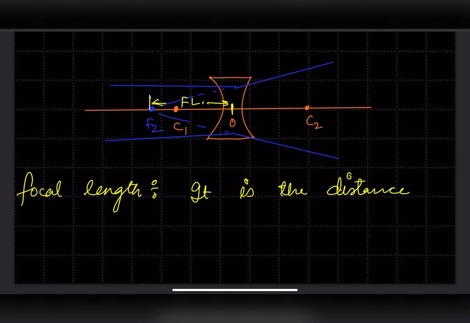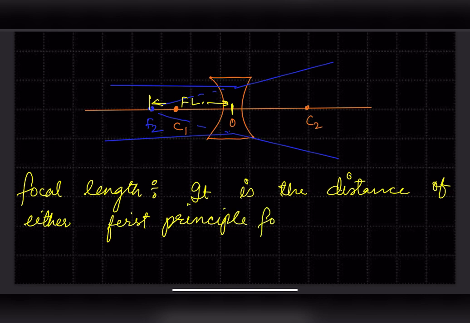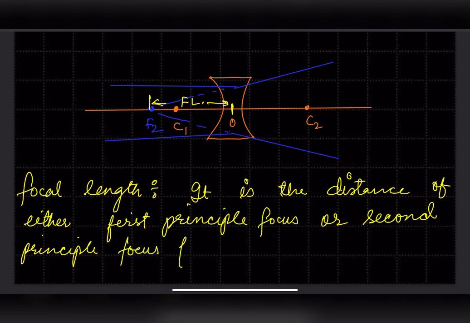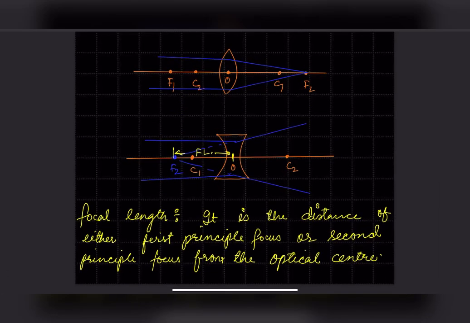It is the distance of either the first principal focus or the second principal focus from the optical center. Okay, that's all.